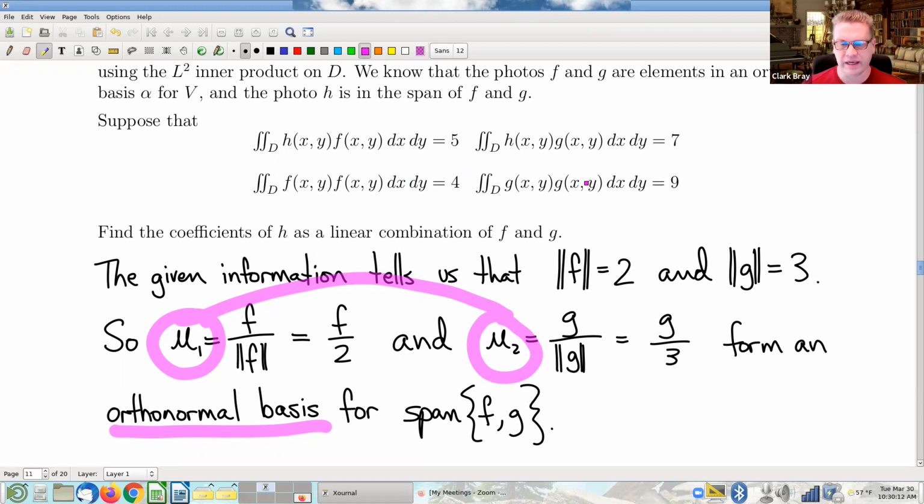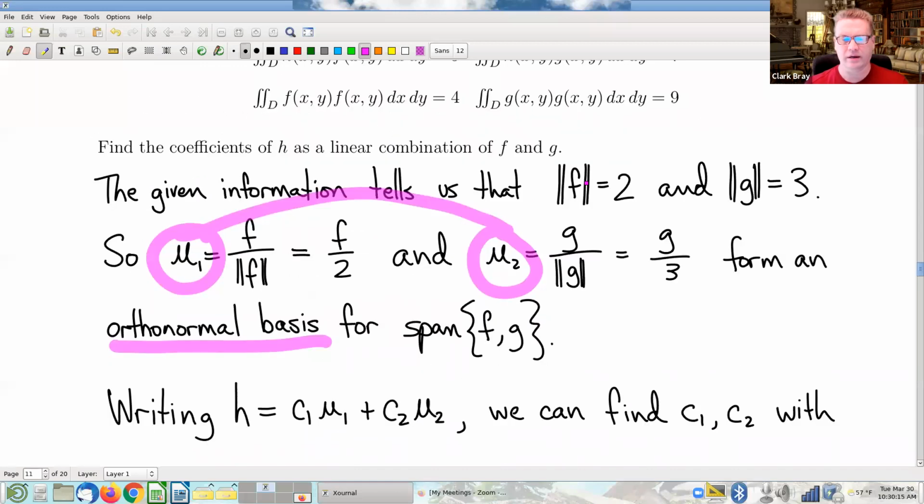Okay, so here's where we can actually do the real nugget, the real work of this question. There's this function here that I want to write as a linear combination. Well, I want to write it as a combination of f and g, but f and g are kind of hard to deal with. Let's not deal with f and g. They're not an orthonormal basis. Let's deal with u1 and u2, being as they are an orthonormal basis.